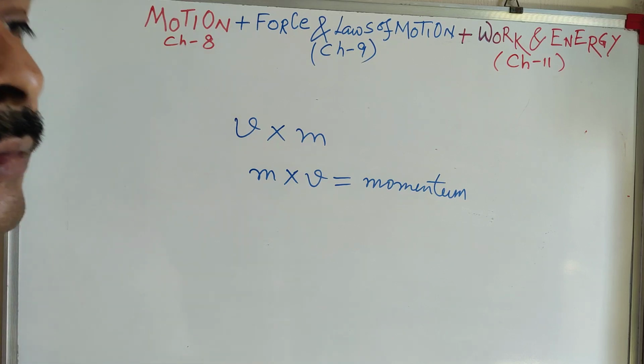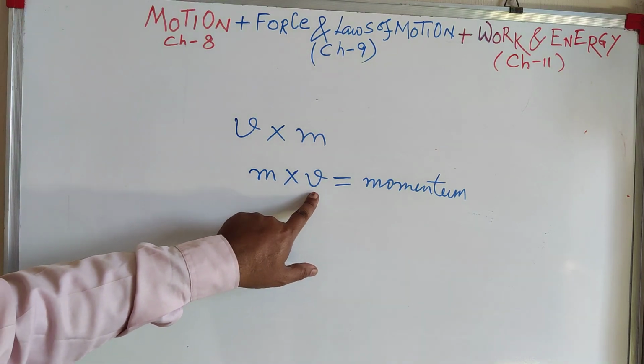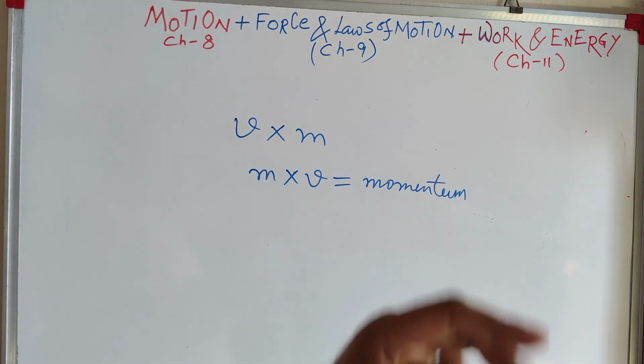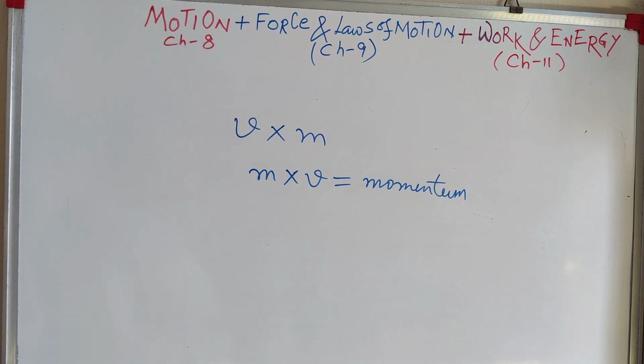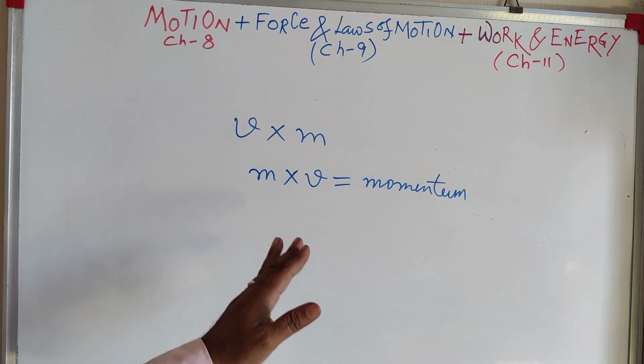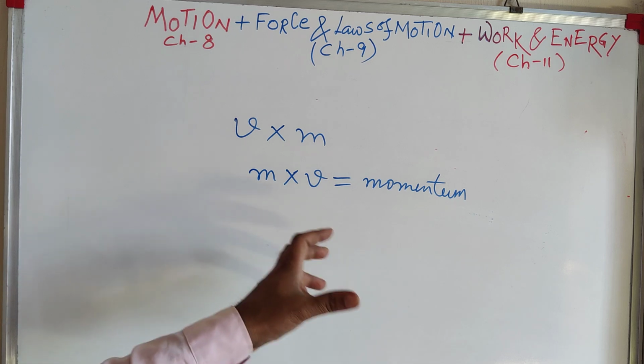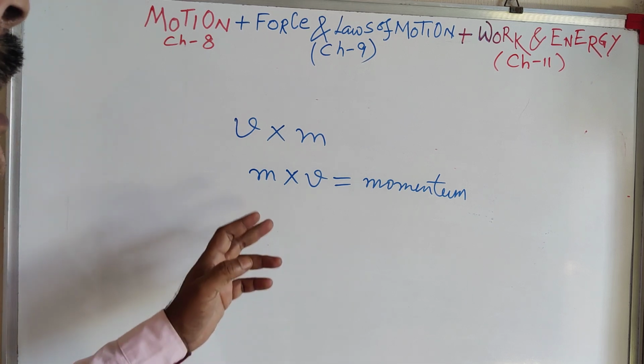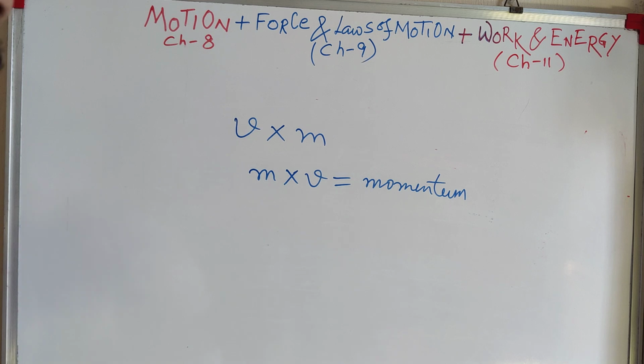Because momentum depends upon two things: one is velocity, another is mass. When a light body and a heavy body are moving with the same velocity, both cannot have the same momentum. The heavy body will have more momentum, the light body less. Suppose one scooter is moving and from the opposite side a truck collides with the scooter, with the same velocity or at rest, then also the scooter will get damaged. Nothing will happen to the truck, because the truck has a huge momentum because of its huge mass.